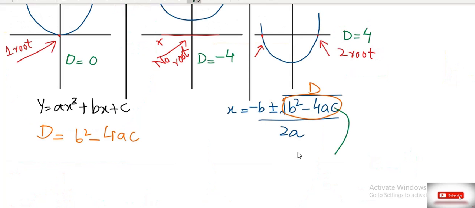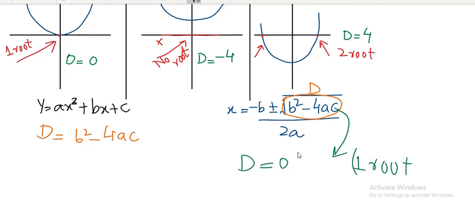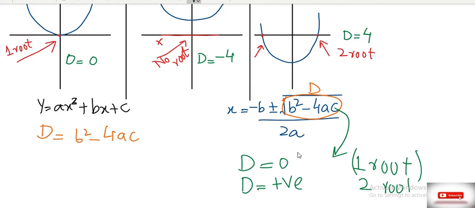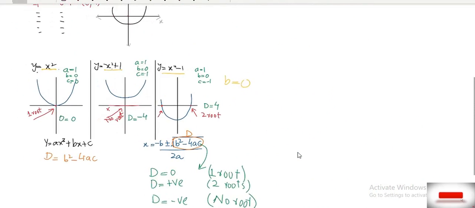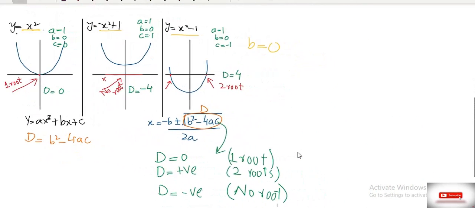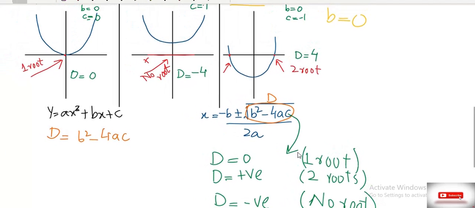So we summarize from these graphs: if the discriminant equals 0, there is one root; if the discriminant is positive, there are 2 roots; and if the discriminant is negative, there will be no root. This is a very interesting topic according to the paper setter, so you need to understand this.